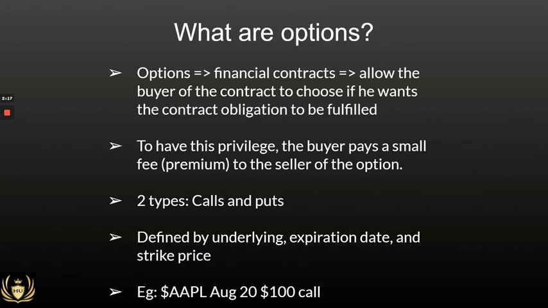The second thing is when the option expires, aka the date when the contract obligation needs to be fulfilled. And the third would be strike price. I will explain strike price in the next slide. An example of the option would be something like Apple August 20. August 20 is the expiration date, Apple is the underlying, and strike is 100.